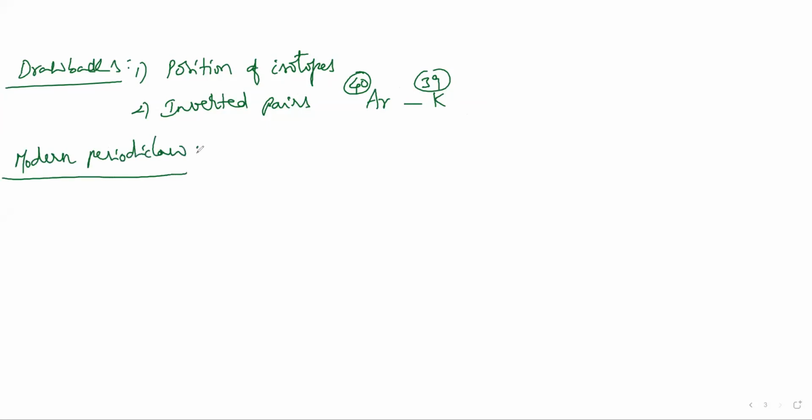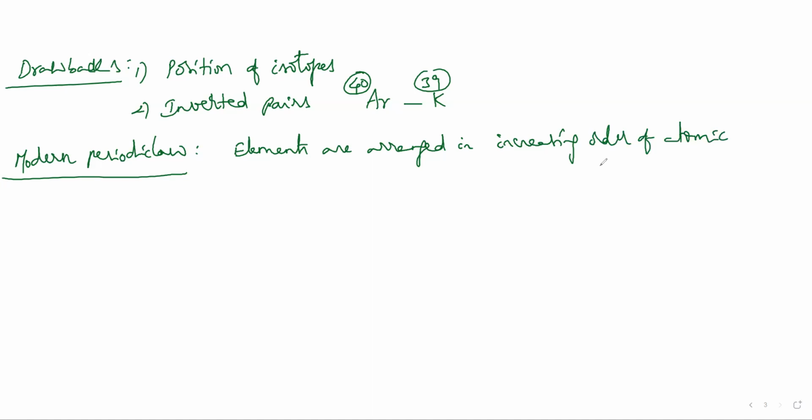Modern periodic law. So what is modern periodic law? In this, elements are arranged in increasing order of atomic numbers. So who determined atomic numbers?